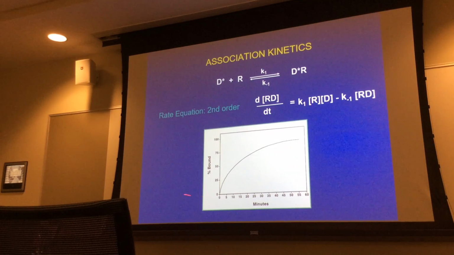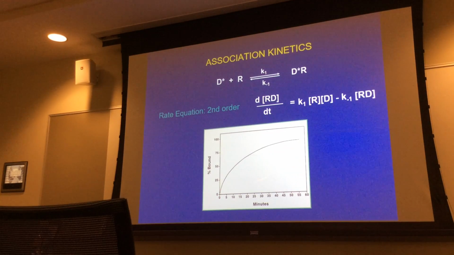So this is what association looks like, all right? We've seen this before. I showed this to you in the last lecture. You add radiolabeled drug, immediately it starts going up very quickly, and then as time goes on, the slope of this line goes further down until eventually you reach equilibrium where the situation is in steady state.